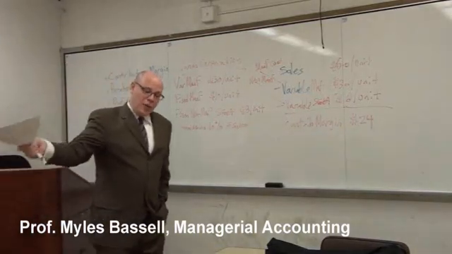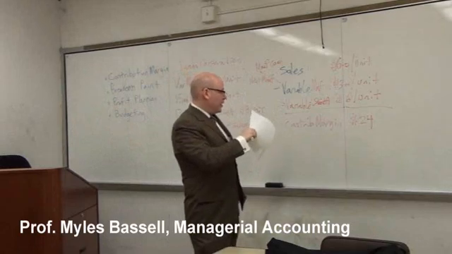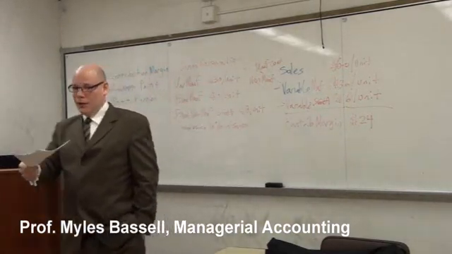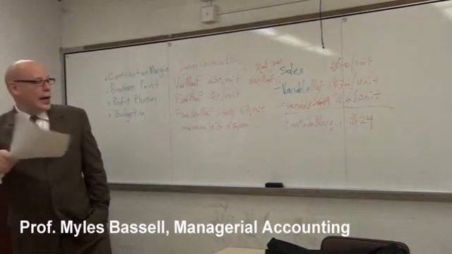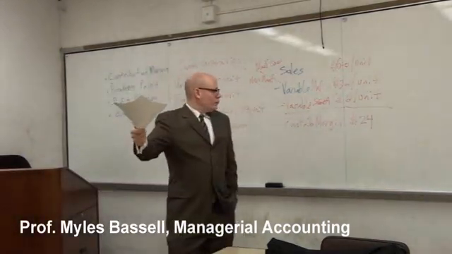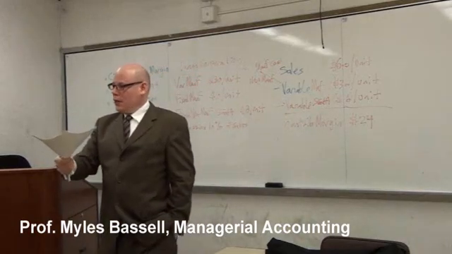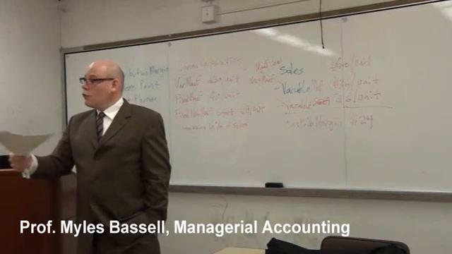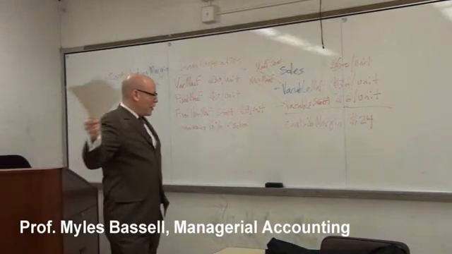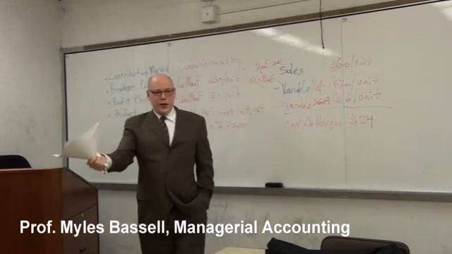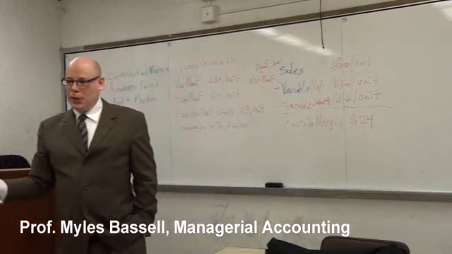We could agree on a fixed salary for Abigail as our sales manager, and just tell her we're going to pay you $75,000 a year. But that doesn't call commission. But I'm saying in this case, where she's going to get paid a commission, why is that variable? Why do we consider that to be a variable expense?